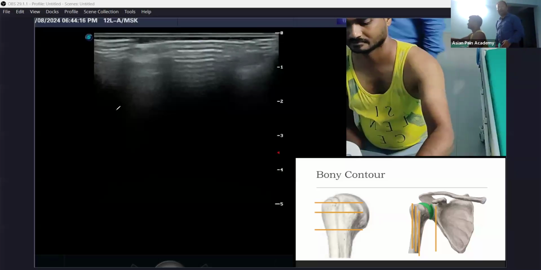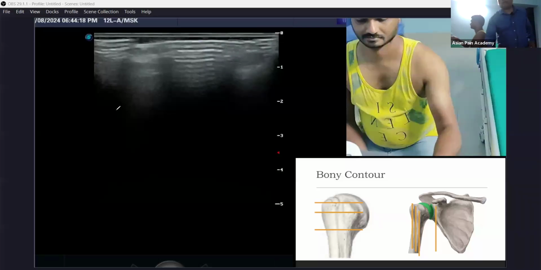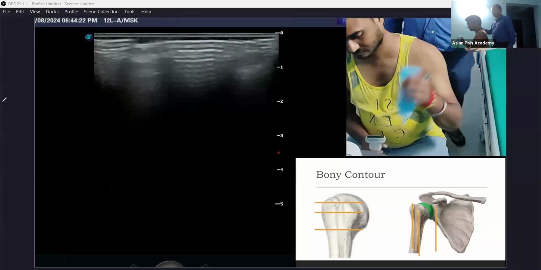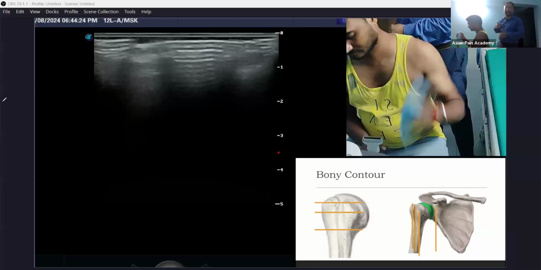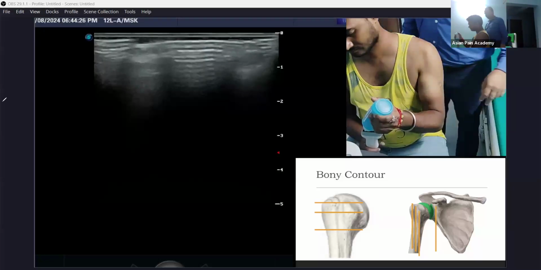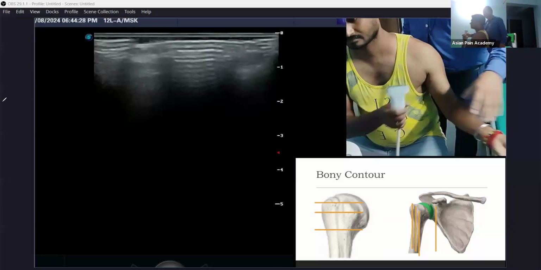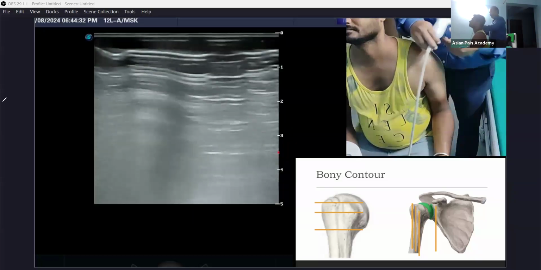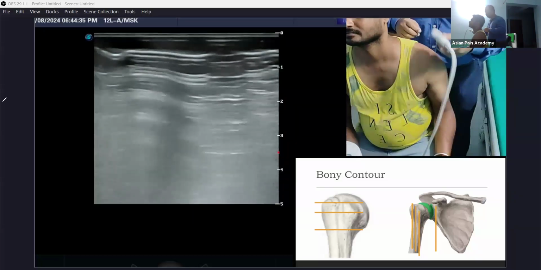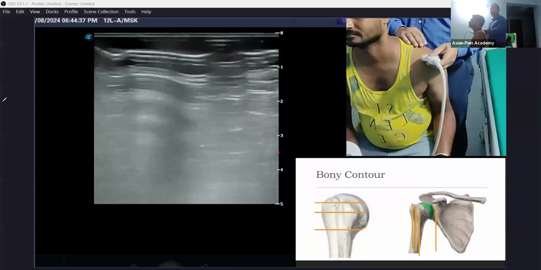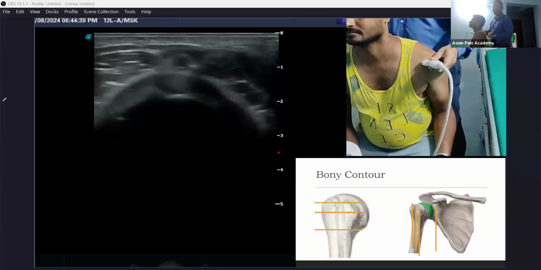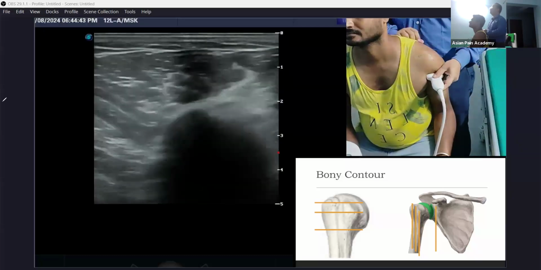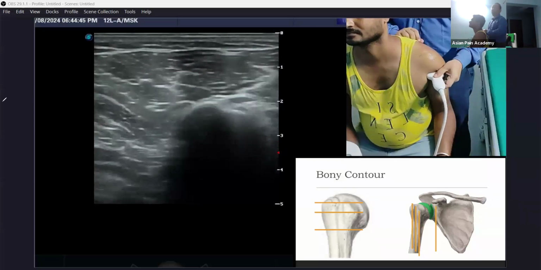So here, first let us see the bony contour. I have selected a linear probe. I will start from the humerus, lower end.